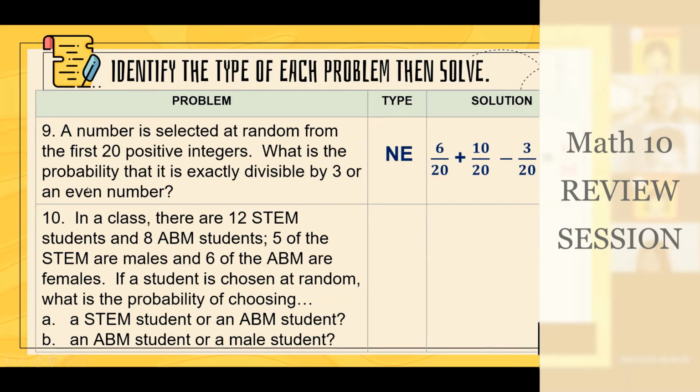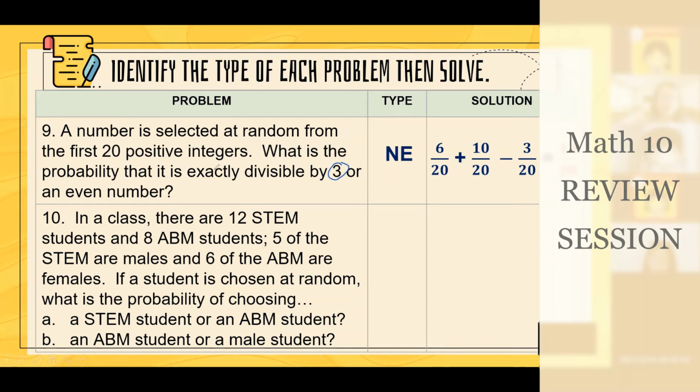Okay, let me explain first number 9. It's non-mutually exclusive events because there are common numbers. So let us list all those numbers. Okay. So 20 positive integers, what is the probability that it is exactly divisible by 3?